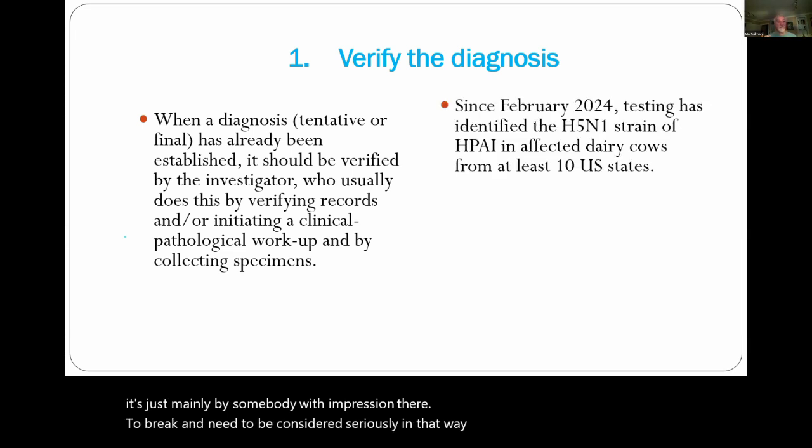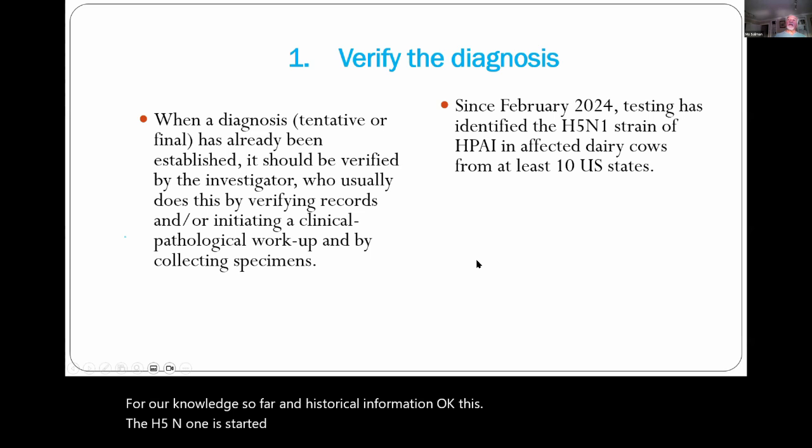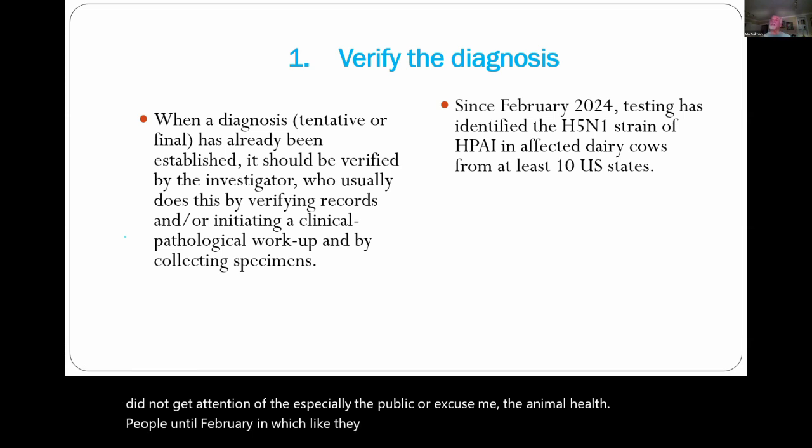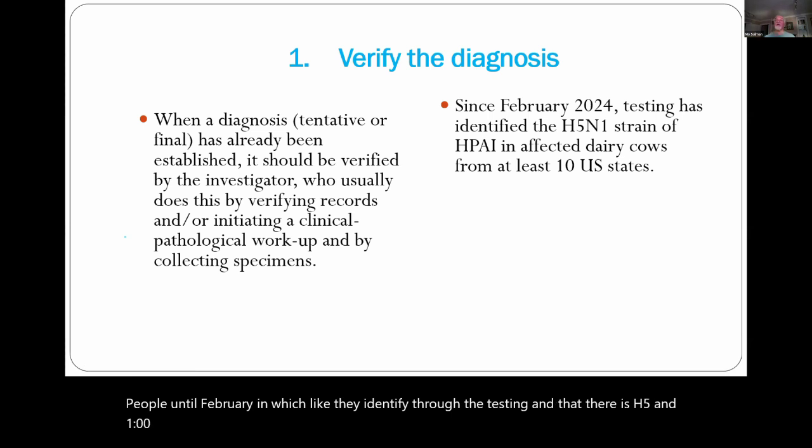So, for our knowledge so far and historical information, this H5N1 actually started in January, and some people even think December, but it did not get the attention of the public, or excuse me, the animal health people, until February, when they identified through testing the H5N1 strain of what is called the highly pathogenic AI in affected cows from at least 10 states.